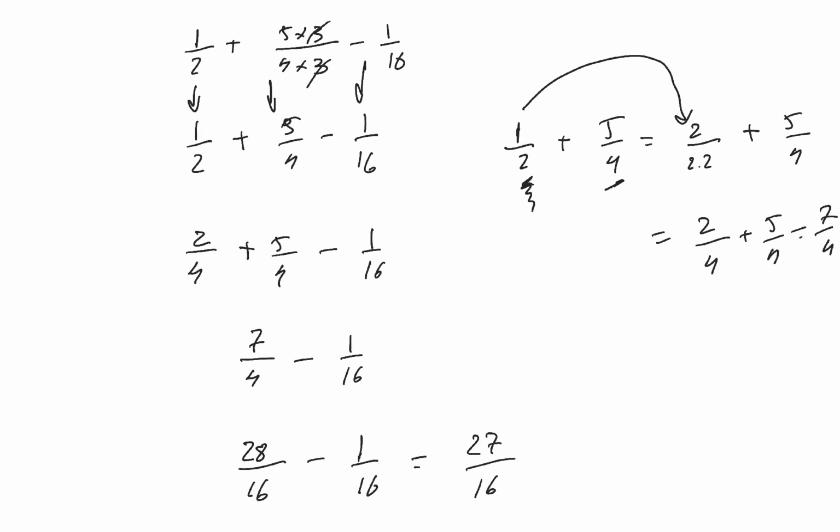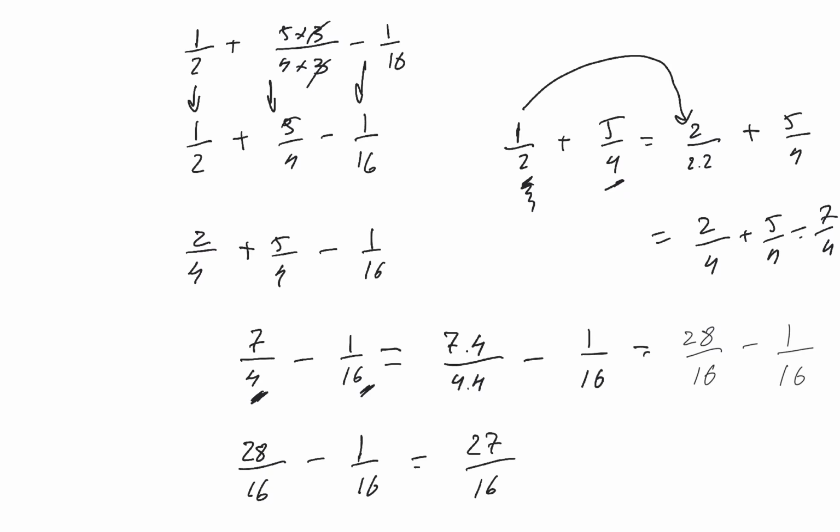And how will I do this to have the same denominator? If I multiply the denominator by 4, I will have 16, the same as here. So I multiply the numerator by 4 and the denominator by 4, nothing has happened, and now 7 multiplied by 4 is 28 divided by 16 minus 1 divided by 16.